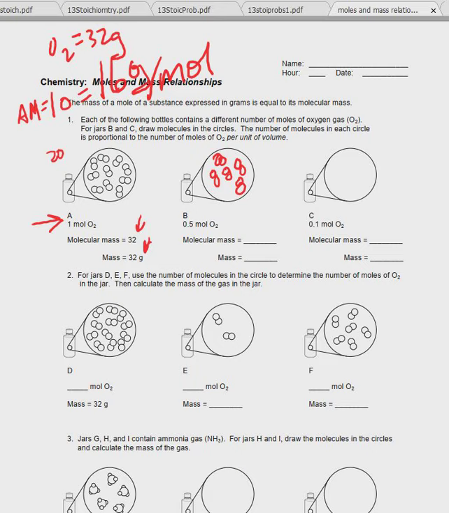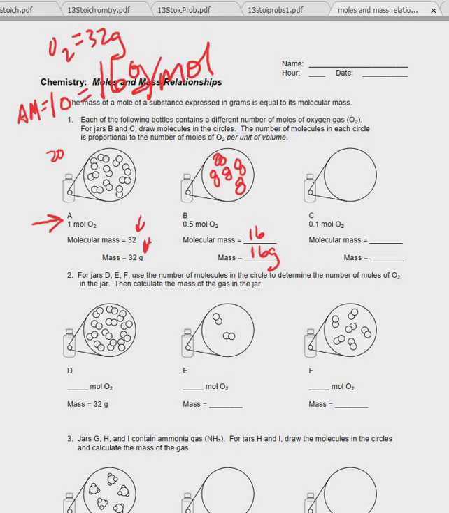So there's 10 pieces of oxygen for half a mole of O2. So if our molecular mass of O2 for 1 mole is 32, half a mole would be 16. So our mass would be 16 grams.